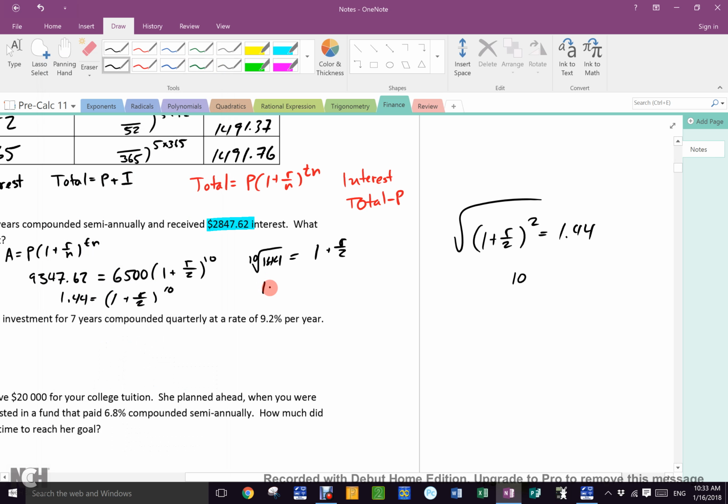So now 1.04 equals 1 plus r over 2. Subtract the 1, multiply by 2, and I get my answer. Right? Subtract the 1, 0.04 equals r over 2. Multiply both sides by 2. 0.08 equals r.